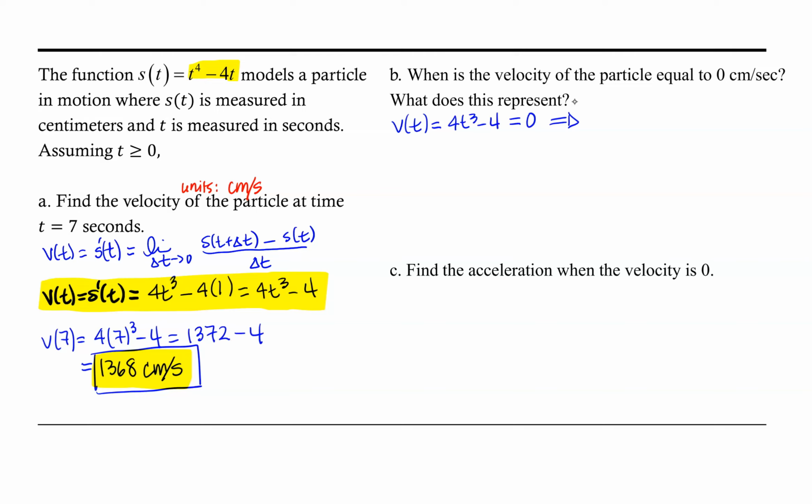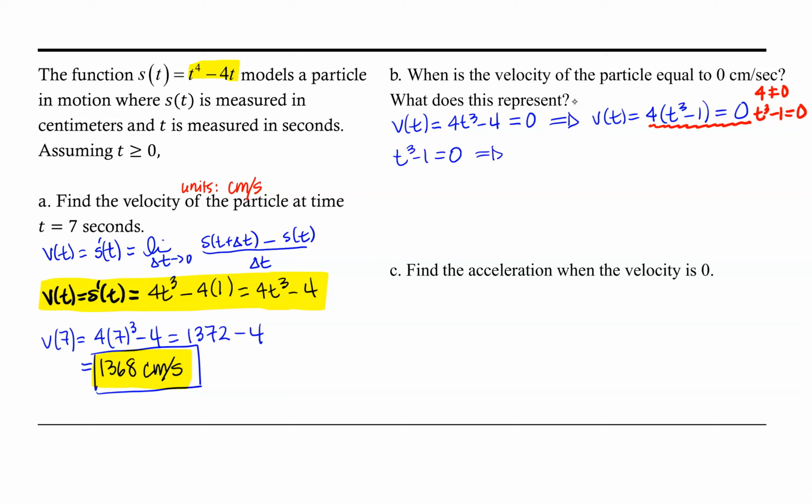So let's say that v of t equals 4 times the quantity t cubed minus 1 equals 0. Now, if 4 times the quantity t cubed minus 1 is going to equal 0, well, certainly 4 cannot equal 0. So the only way this could equal 0 is if t cubed minus 1 equals 0.